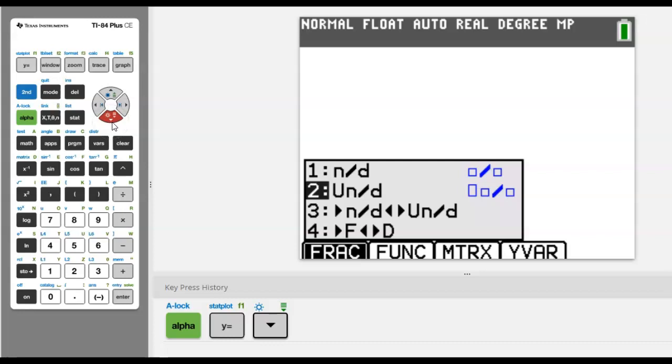If you have an improper fraction and you want to turn it to a mixed fraction, you can use option 3 and so forth. And if you have a fraction and you want to turn it into a decimal, you use option 4. But today let's use option 1.